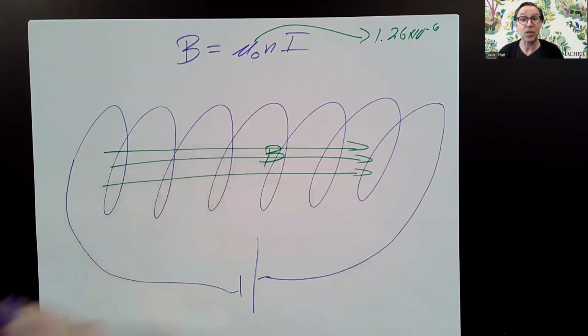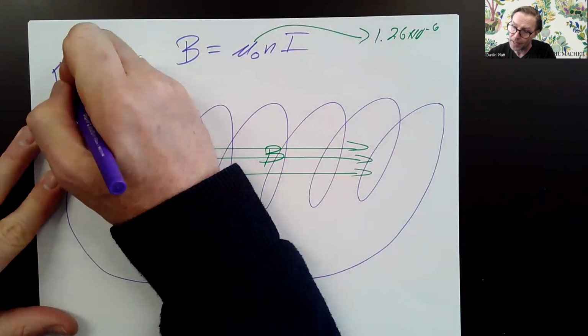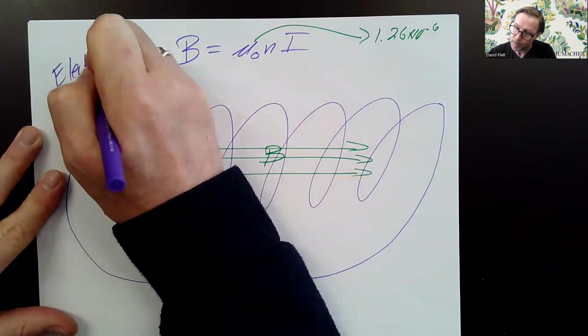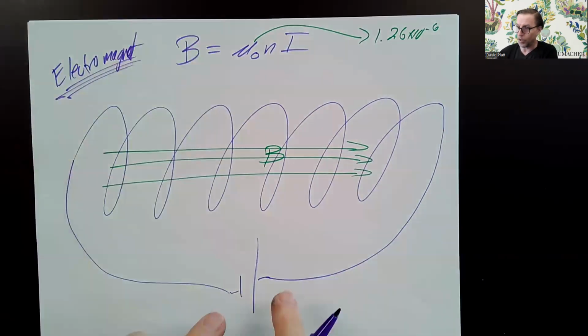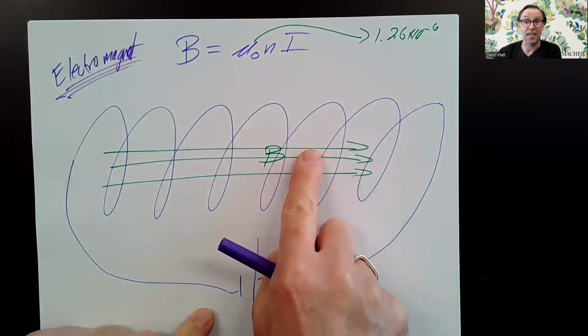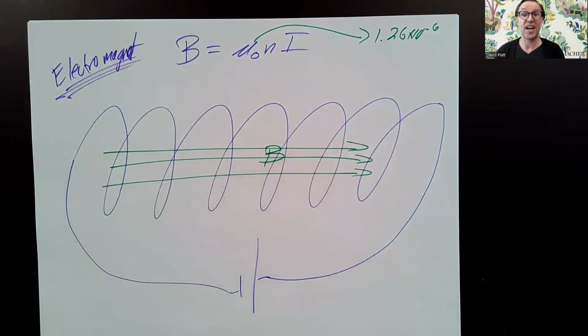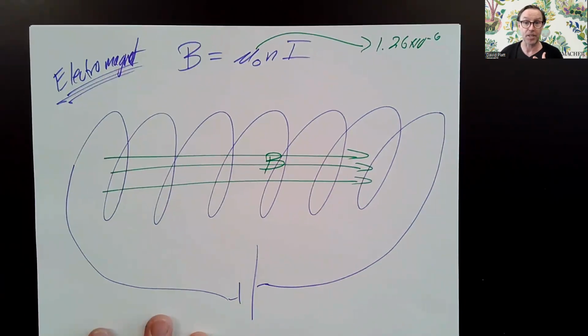And this magnetic field would either be here or not. And in that case, we would call this an electromagnet. Turn the current on, you've got a strong magnet. Turn it off, you've got no magnet. So you can make a magnetic field appear or disappear, almost like magic.